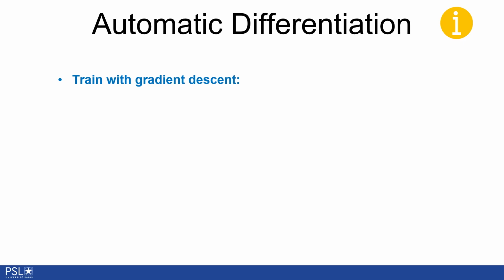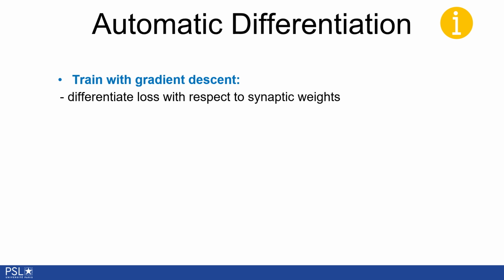The essential point here is that backpropagation can be used to compute the differential between any two quantities in a neural network. The most classical use of backpropagation is to train networks. This corresponds to computing differentials of the loss function with respect to network parameters, the synaptic weights.